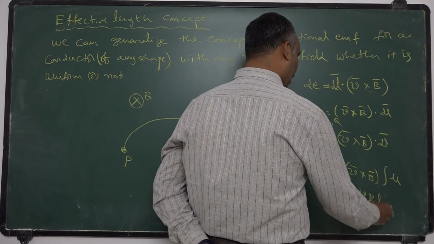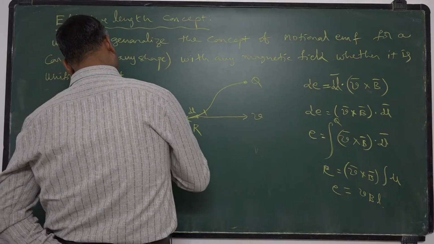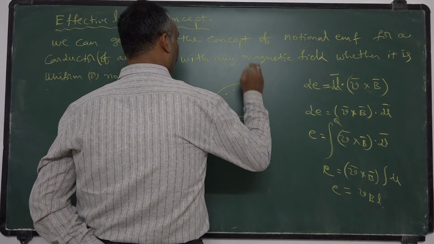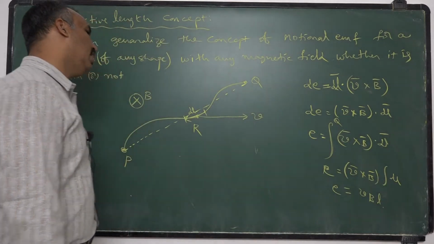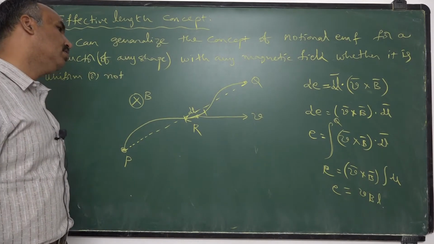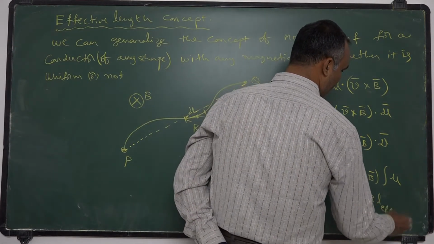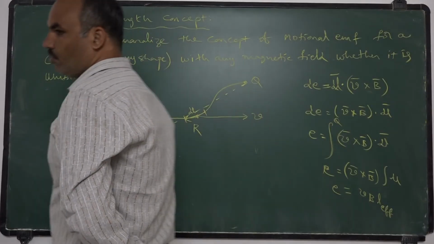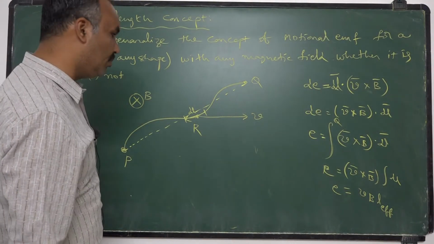But what is this L? L is the shortest distance between P and Q. By integrating dl you will get L from P to Q. So this is the effective length, L effective. Whenever a straight rod is there, effective length and actual length are the same.